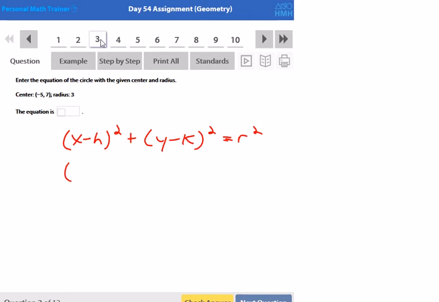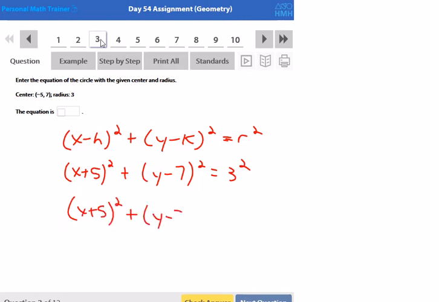So when you substitute, the double negative turns this into x plus 5 squared plus y minus 7 squared is equal to 3 squared. So you leave the left side as x plus 5 squared and y minus 7 squared, but 3 squared is 9, so that's what we're going to put in.